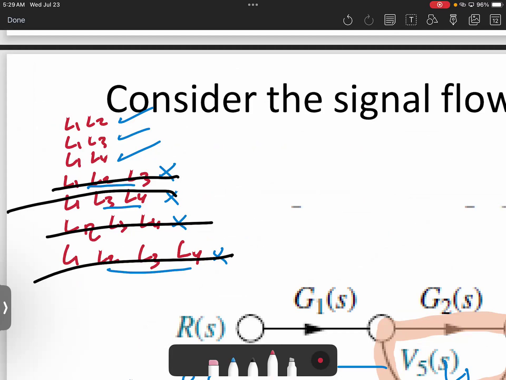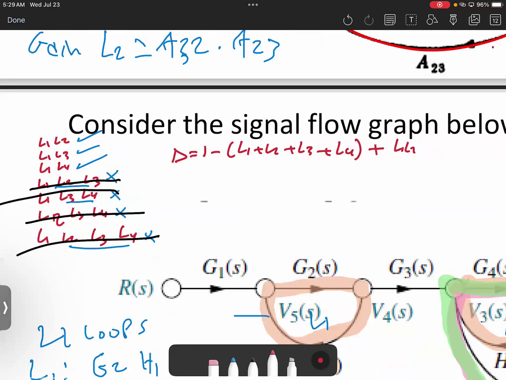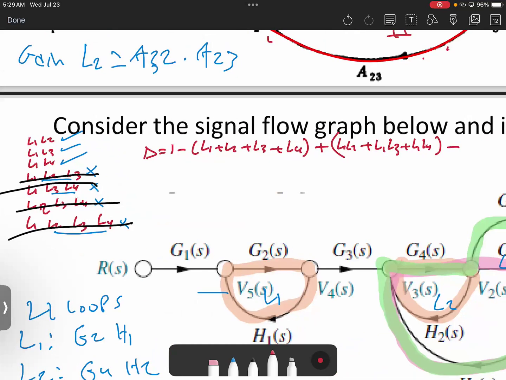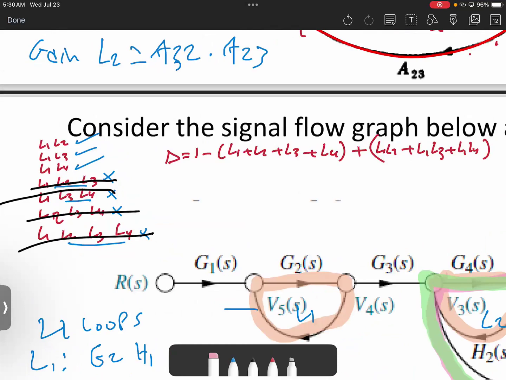The only non-touching pairs are L1L2, L1L3, L1L4. So delta will be 1 minus (L1 plus L2 plus L3 plus L4), then plus L1L2 plus L1L3 plus L1L4. Can we say minus the multiplication L1L2L3L4? No, because they are touching. So we stop here. That's delta. Okay, does this make sense?